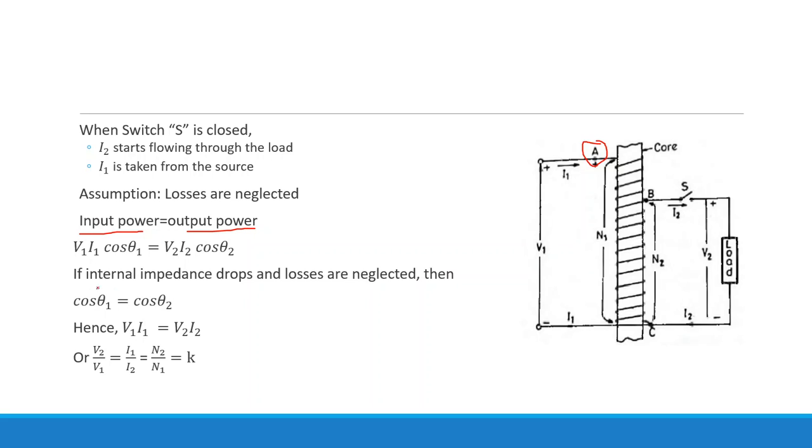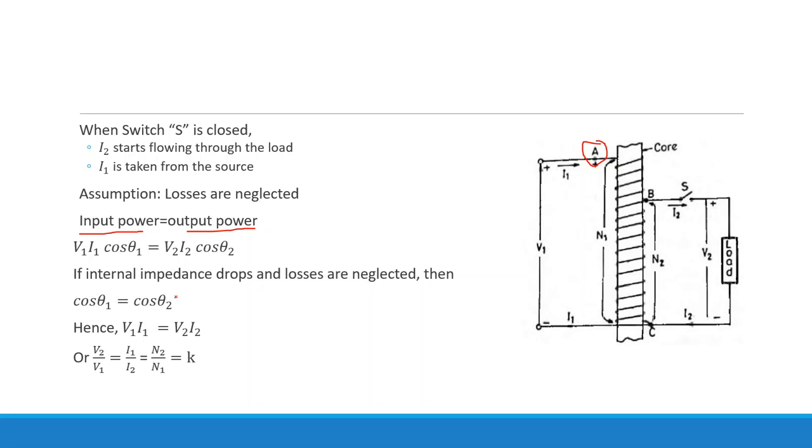We can write mathematically the input power as V1 I1 cos theta 1, where V1 is the applied voltage, I1 is the current and cos theta 1 is the power factor, equal to V2 I2 cos theta 2, that is the secondary side voltage, load current and power factor cos theta 2. We can also neglect internal impedance drops and losses. If so, cos theta 1 equals cos theta 2, that is, the power factors on primary and secondary are equal.